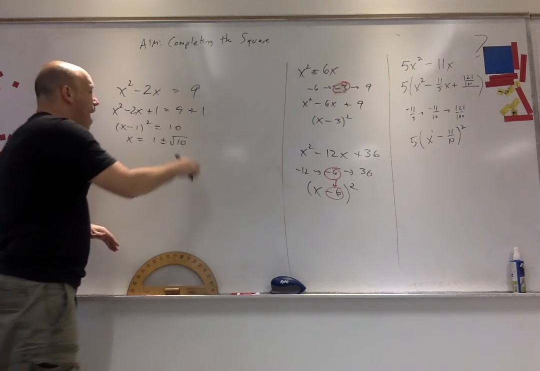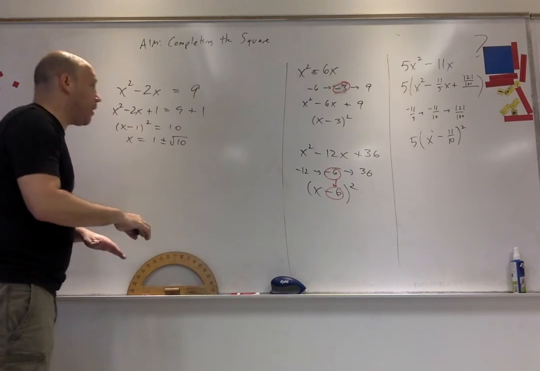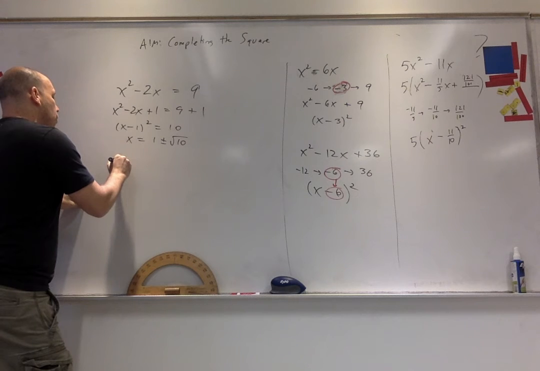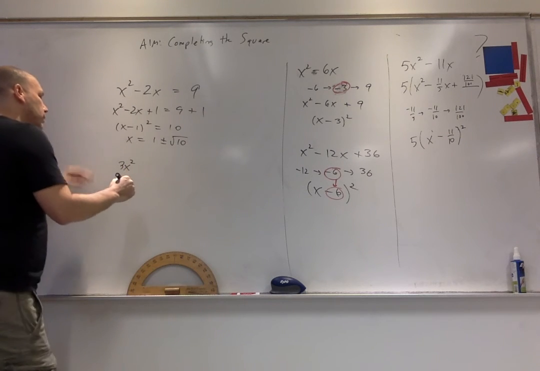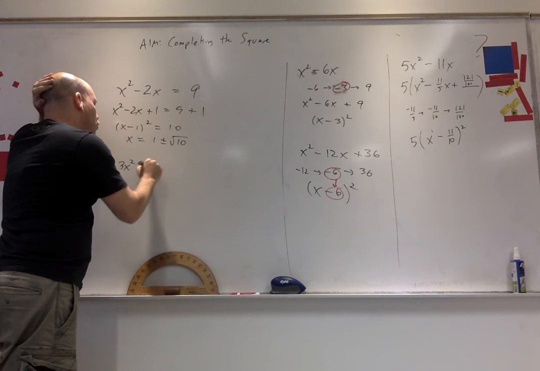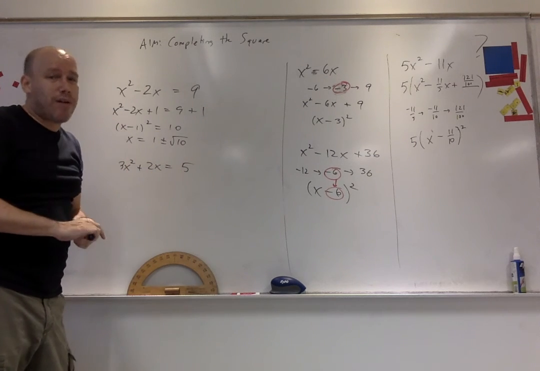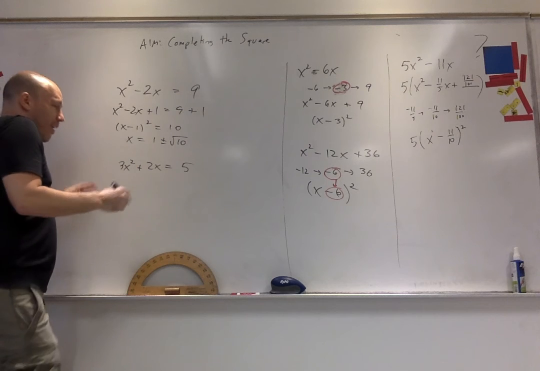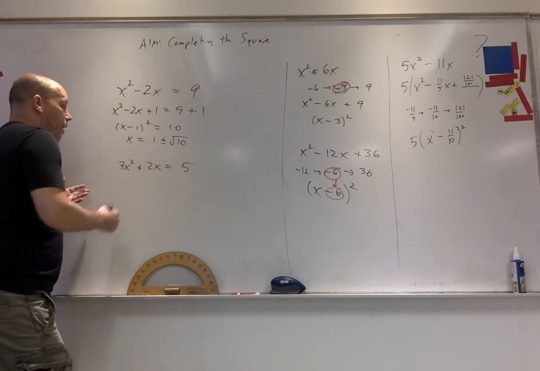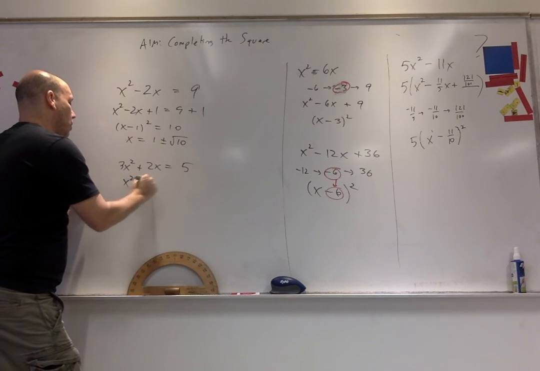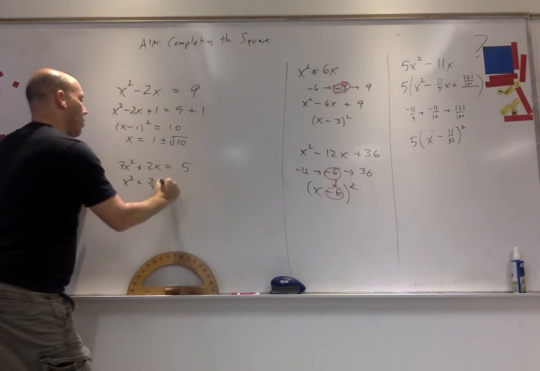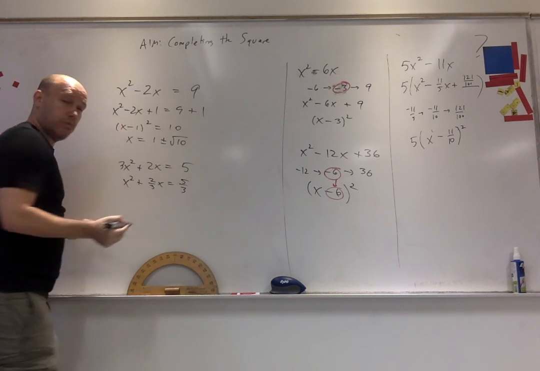And once again, I have my discriminant. I know what's going on here. You can try another one. 3x squared plus 2x equals 5. Maybe this works out nice. I don't have to think about that. I can just divide everything by 3. Right?